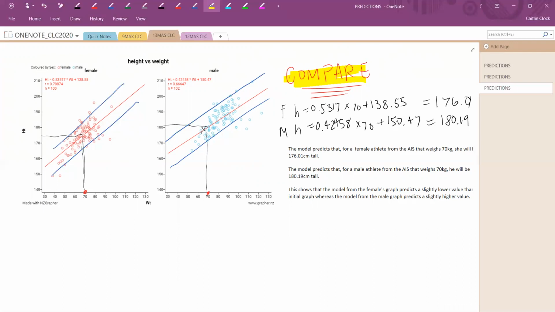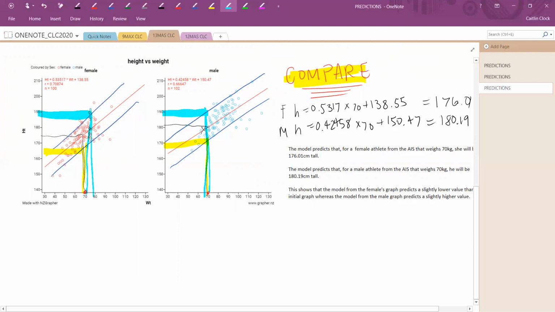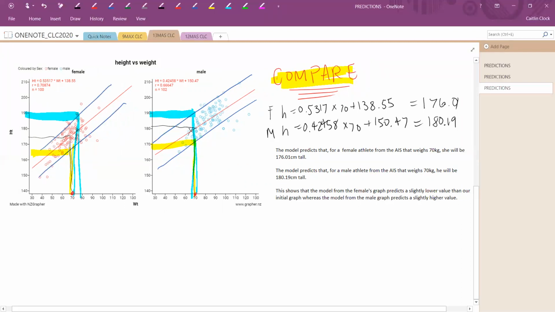So again, if you go up and across from each one, you will find yourself a value. And again, it's just a prediction. This part of the predictions, you are just looking for an approximation. So it is okay.